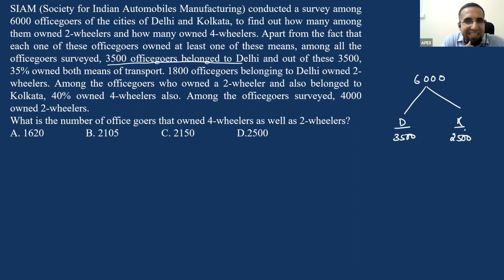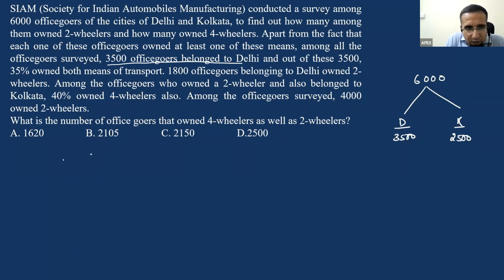Then we were also told that 35% out of these 3,500 owned both the means of transport. Both the means, that means we are going towards Venn diagrams. So let's make a Venn diagram for Delhi people.